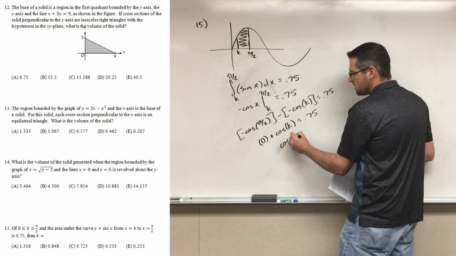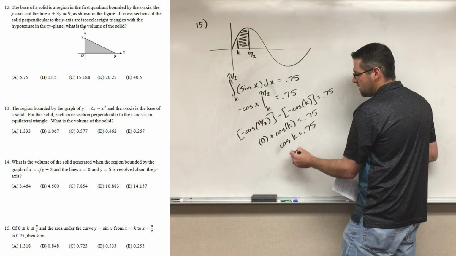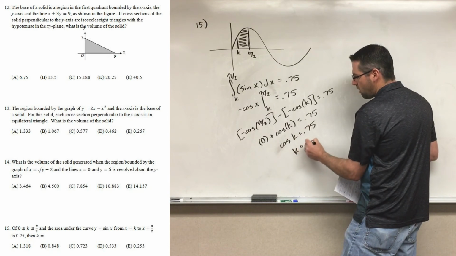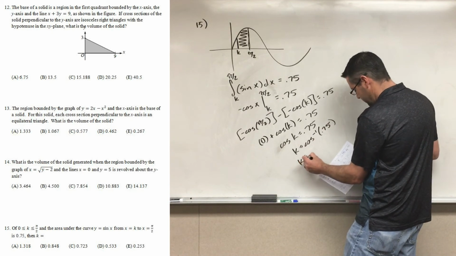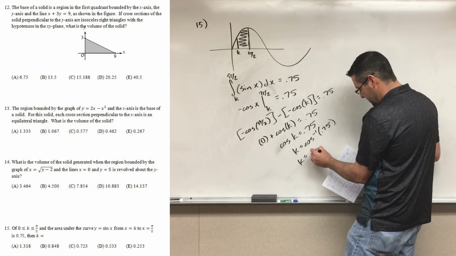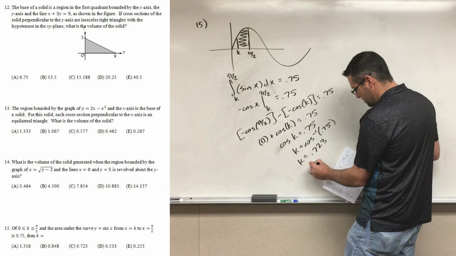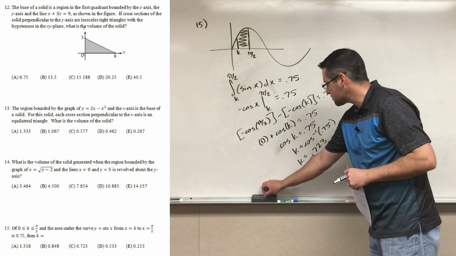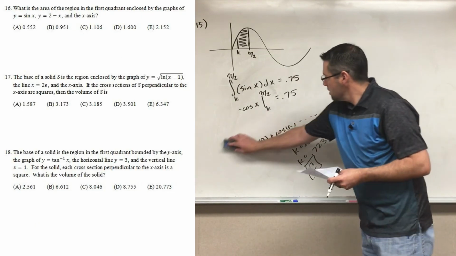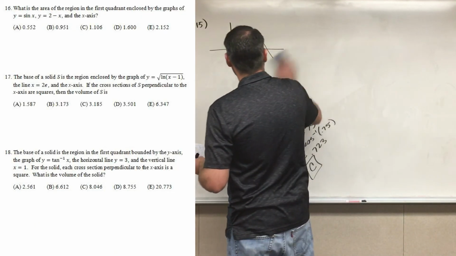So we get cosine of k equals 0.75, and to solve for k, we would take the arc cosine of 0.75, and as a result of that, we end up with 0.723, which is C. All right, so that's number 15. Number 16.